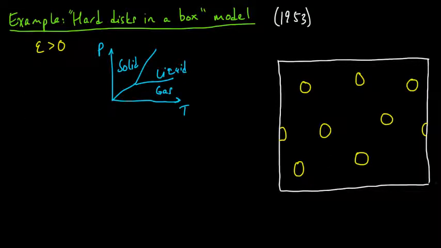What they were particularly interested in doing in that paper was this: one of the things you learn in chemistry is the ideal gas law, PV equals nRT. This is the ideal gas law. It doesn't hold in general. They wanted to figure out the corresponding equation of state. This is called an equation of state.